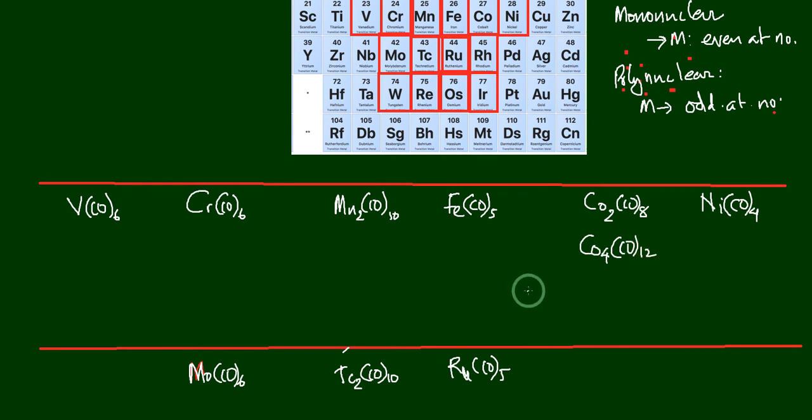Not only that, cobalt again gives Co6(CO)16. These are also polynuclear complexes given by cobalt. Then below cobalt we have rhodium and iridium.